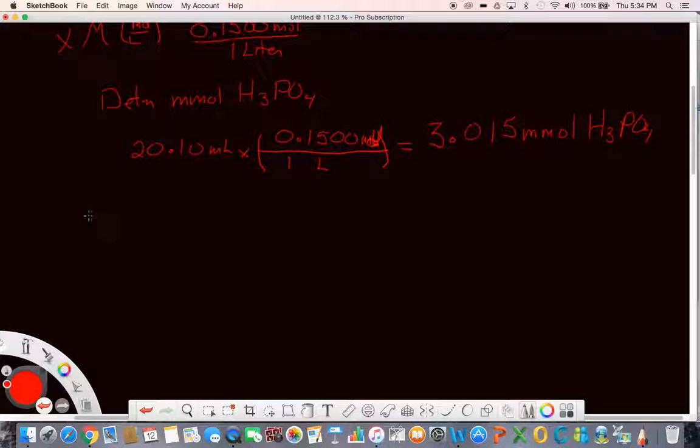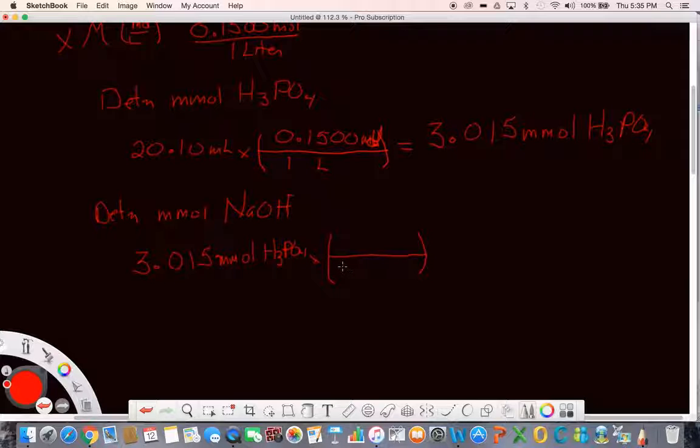That is step 1. Step 2, then we can use that number to determine millimoles of NaOH. So we can start down here with the 3.015 millimoles of acid. And this is where the balanced equation comes in.